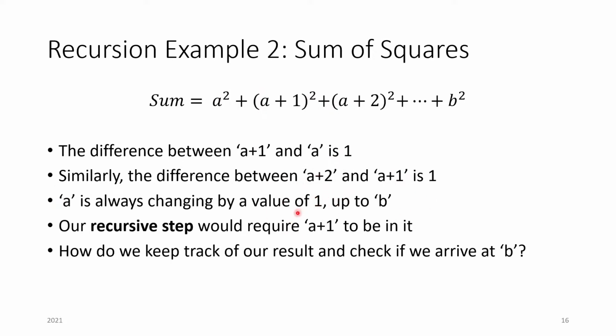So because a is changing by a value of positive 1, it's going to be a plus 1 that is required in our recursive step. But we also need to keep track of b to make sure that we don't exceed this value. Once we arrive at b, we stop doing any further calculations because we hit the uppermost limit, and we just produce the result immediately.